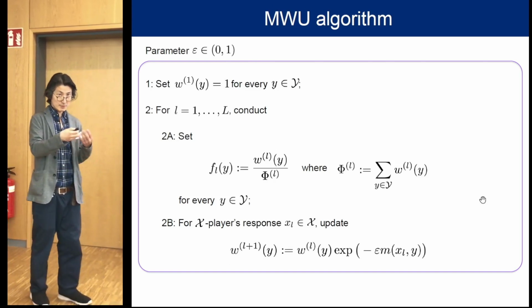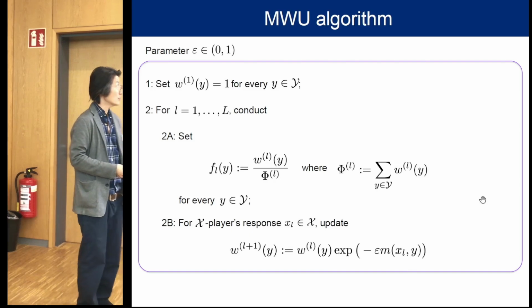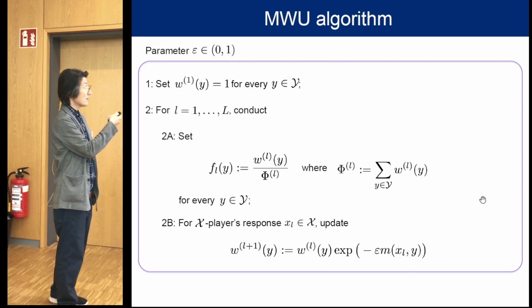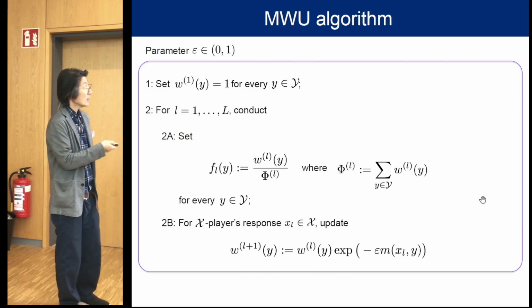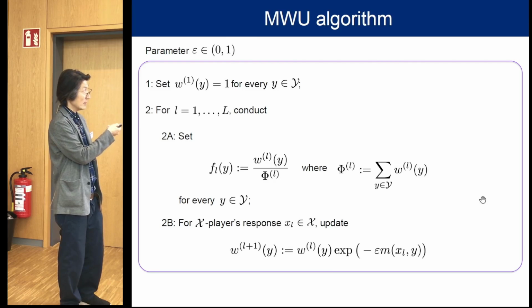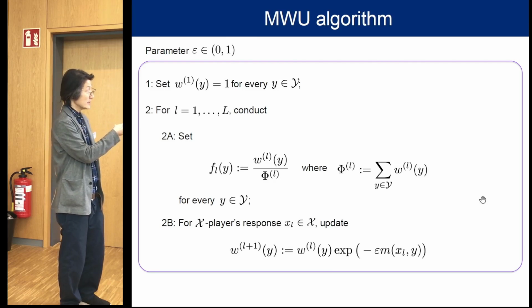So MWU algorithm is some iterative algorithm to select Y player's mixed strategy. So we are given some parameter, error parameter epsilon. And first, we set the initial weight vector w_1 to be all 1. And then for each round l equal 1 through L, first we set f_l to be the normalized version of this weight vector. Here, this phi_l is the normalization constant.